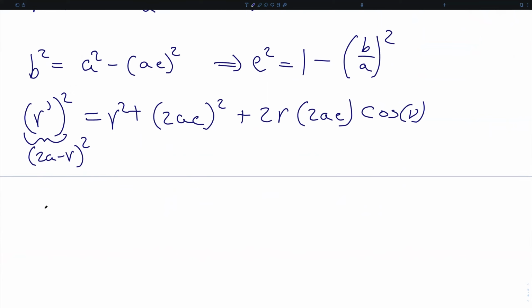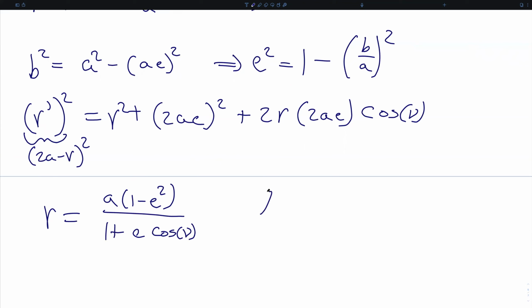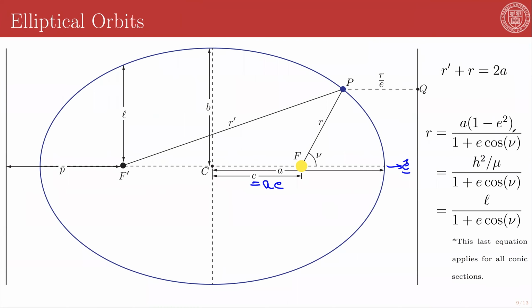If you chug through the algebra, you will find that this gives us the first expression on the slide, that the orbital radius is given for an ellipse as a times 1 minus e squared over 1 plus e cosine of nu, and therefore, for an ellipse, the semi-parameter is a times 1 minus e squared. So these are incredibly useful relationships. A times 1 minus e squared is equal to h squared over mu for an ellipse, and for all conic sections, h squared over mu is equal to the semiparameter.